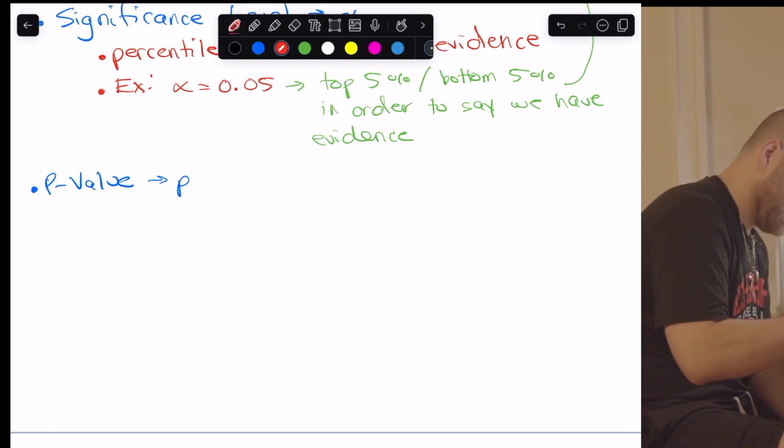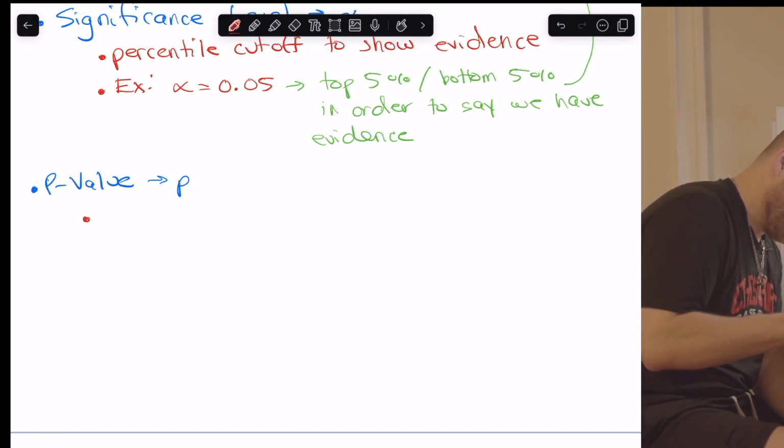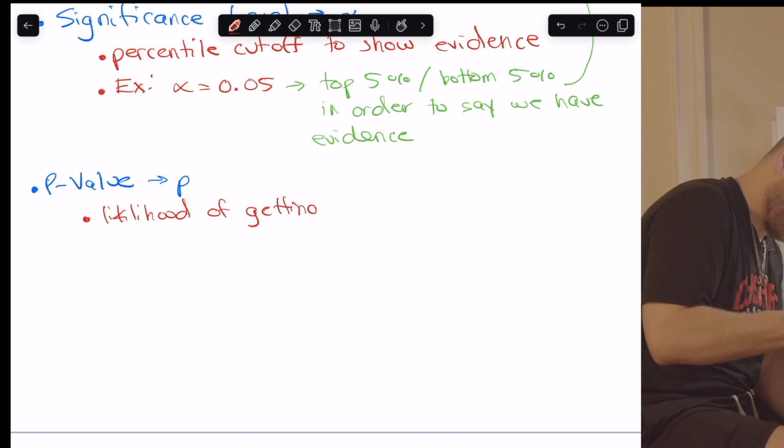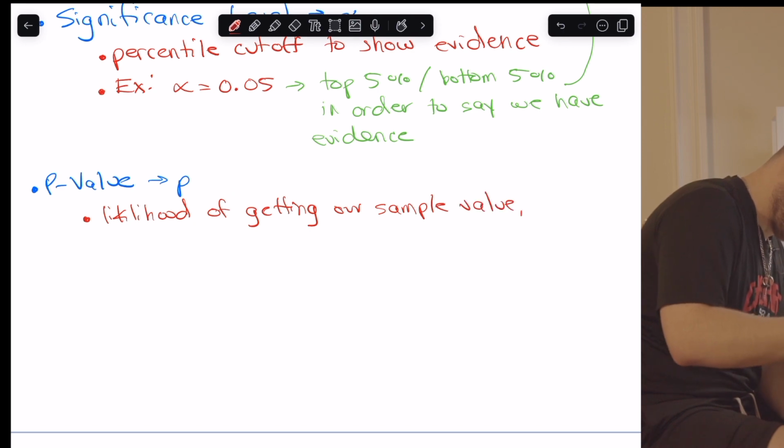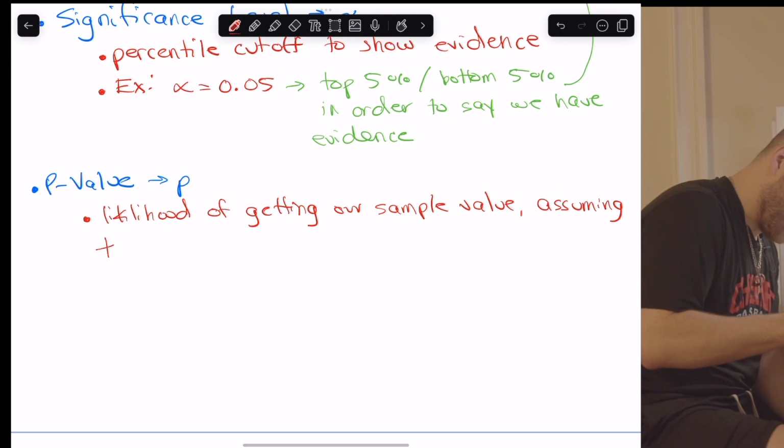What this thing is, the likelihood of getting our sample value, assuming that your null hypothesis is true.